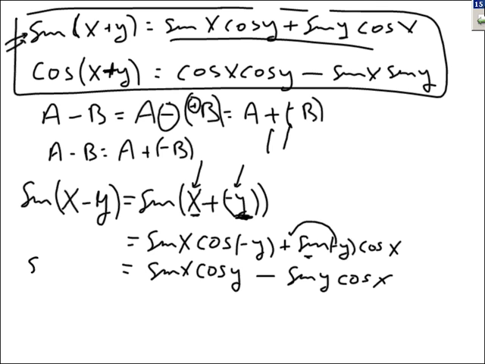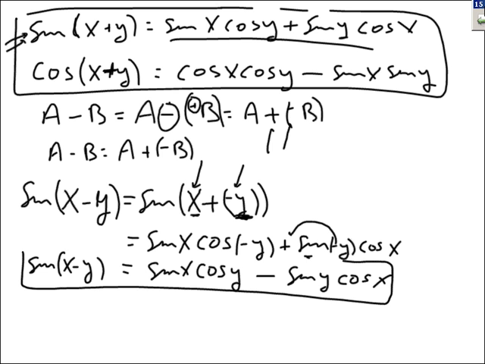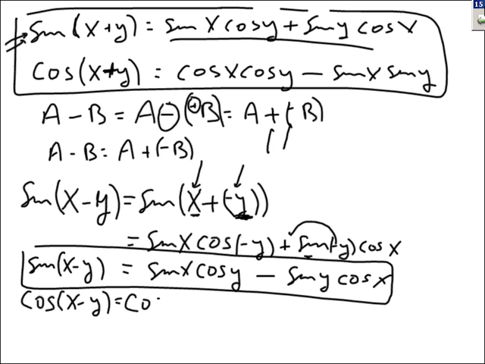Okay, here is the third identity. You either have to memorize or derive. Now, if you were asked for the cosine of x minus y, you can think cosine of x plus negative y. Why are you thinking this?